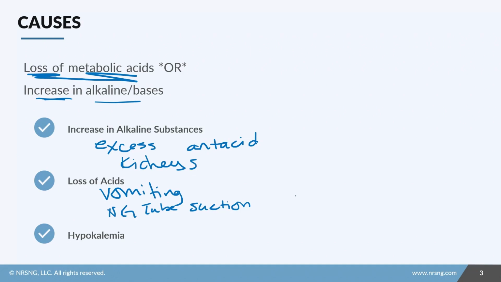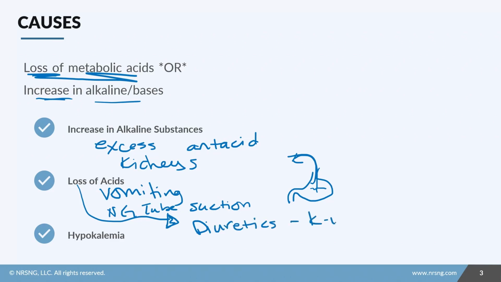And so if we are going to forcefully eject all of that out of our stomach, or we're physically going to suck it all out, then we're taking away all of this acid from their system, and the likelihood of them developing a metabolic alkalosis is very high. Another possible way that they could lose an excessive amount of acids is through diuretics, specifically through potassium wasting diuretics like furosemide.